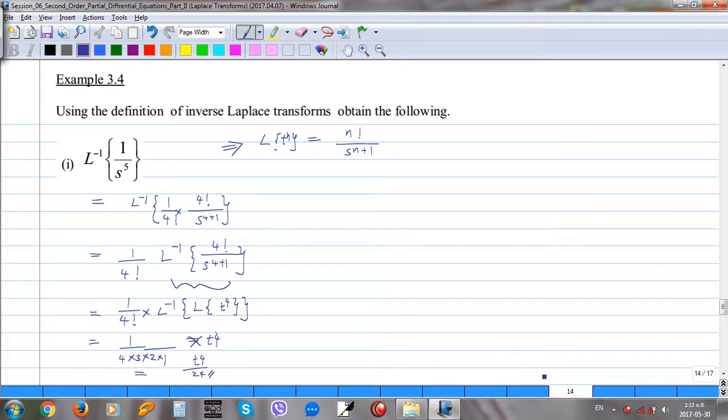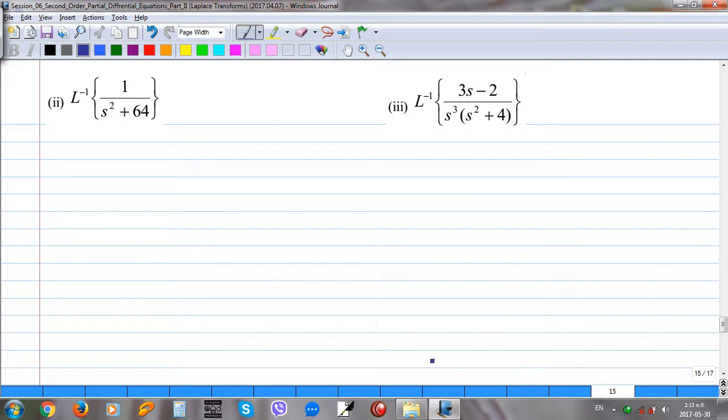The next example: L inverse of 8 over s squared plus 64. If we look at this format, we can remember what sin at is: a over s squared plus a squared.